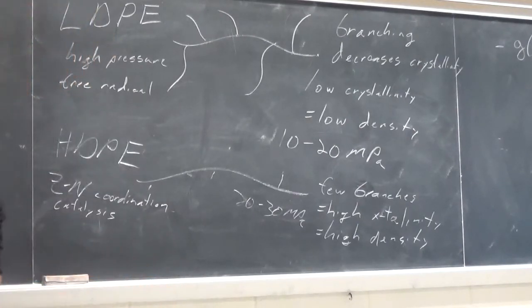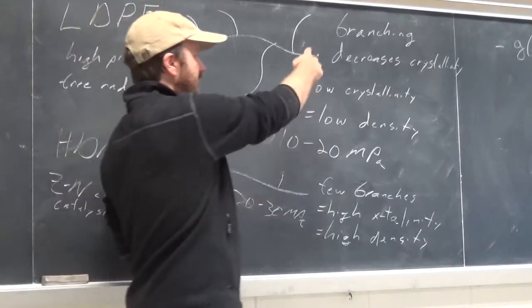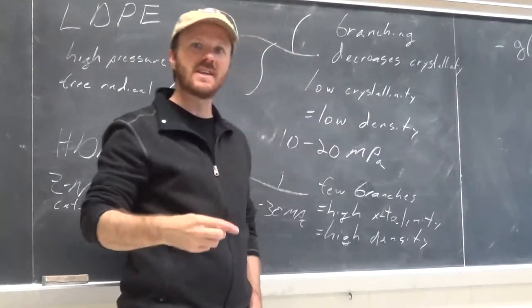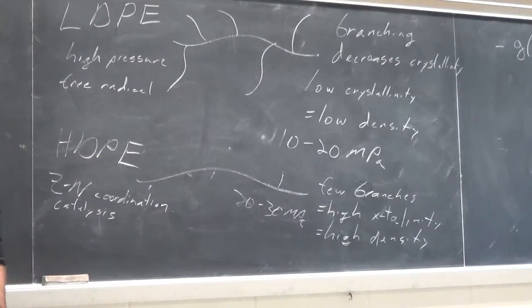And it's made at pretty low pressure and pretty benign temperature. But the idea of branches versus no branches, and that controlling the crystallinity, the density, and the mechanical properties, is the important part of this.